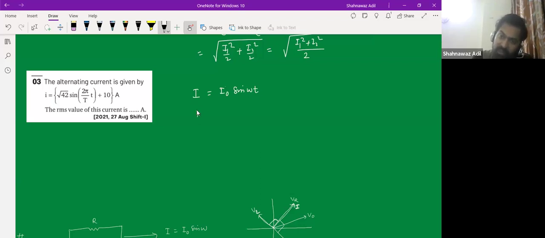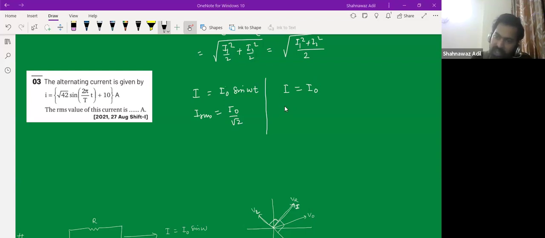Then if I calculate the IRMS, this would be I naught by root 2, right? But if I have a function which is, let's say, I naught, this is not fluctuating, right? This is not sinusoidal. This is not periodic. This is a DC current.